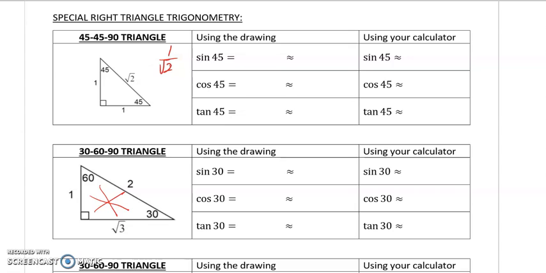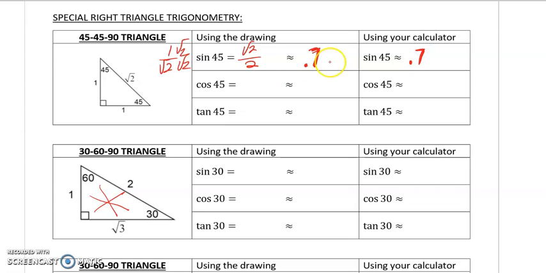Can't leave a radical in the denominator. So it becomes root 2 over 2. And that's exact. Now, if I want, I can take the square root of 2 and divide it by 2, and I get 0.7. That's what the ratio would be. And if in a calculator you type in the sine of 45, that's where you'll get 0.7.